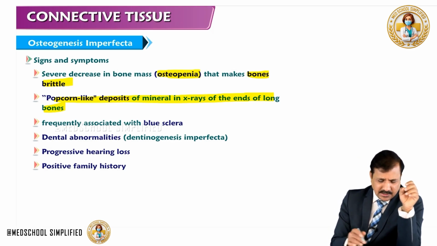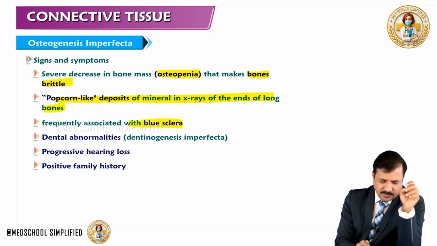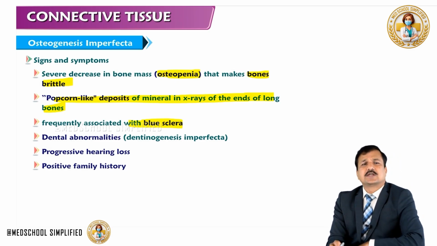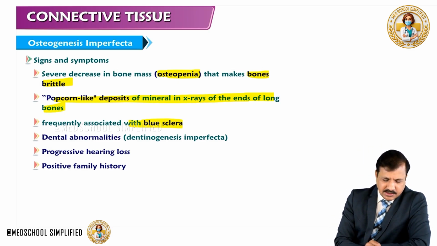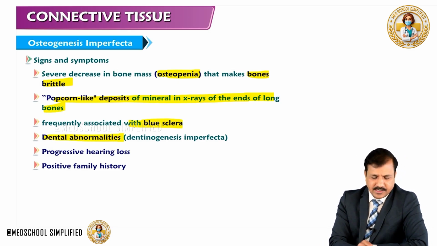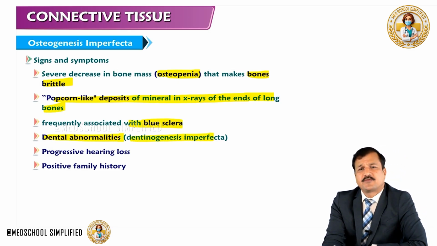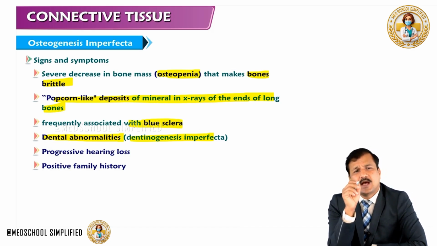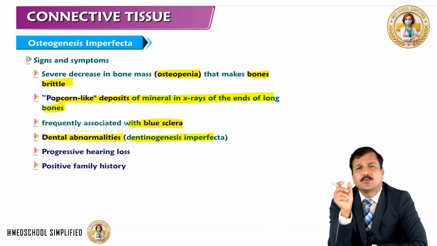The disorder is frequently associated with blue sclera. Look for that. Patients with osteogenesis imperfecta will have dental abnormalities, referred to as dentinogenesis imperfecta. The teeth may have a characteristic amber or yellowish brown or translucent bluish grey color because of deficiency of dentin, which is rich in type 1 collagen.